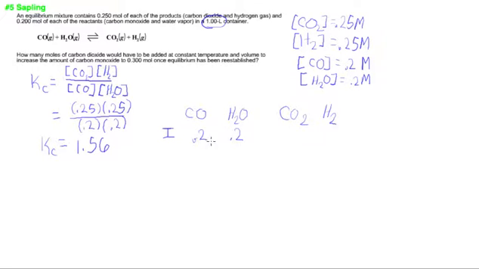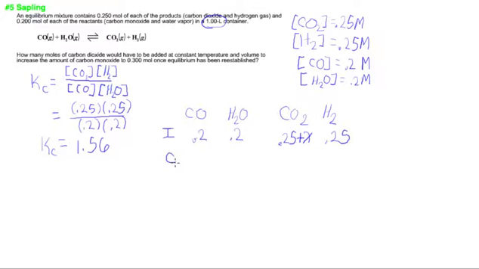Okay, so it's at equilibrium, so I know the carbon monoxide is 0.2, the water is 0.2, and the hydrogen is 0.25. I don't know how much carbon dioxide I'm adding, so that's called 0.25 plus x.